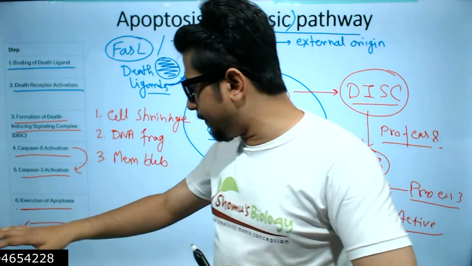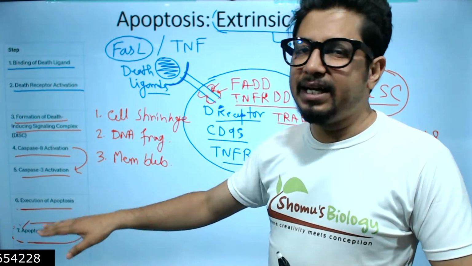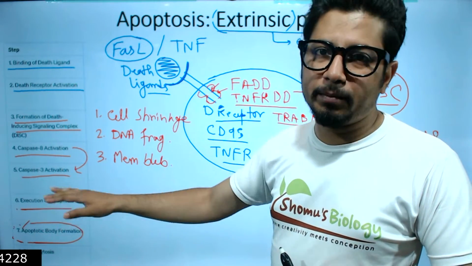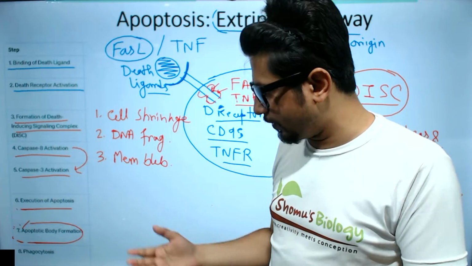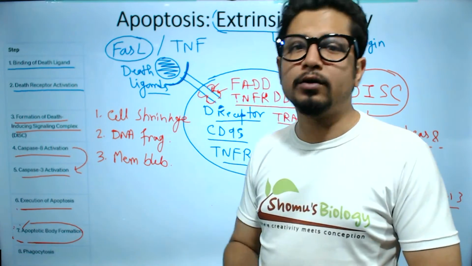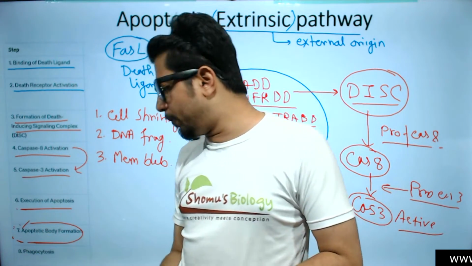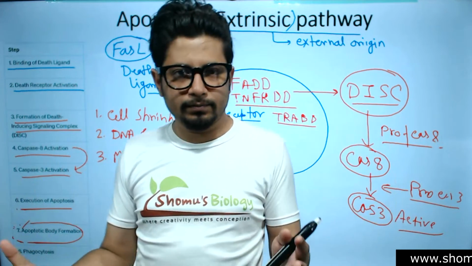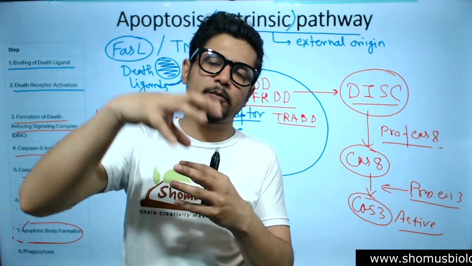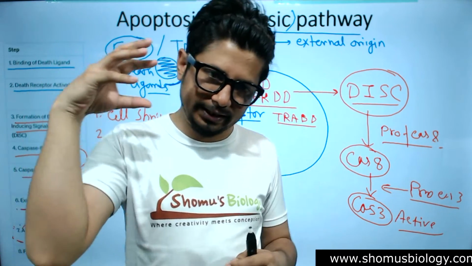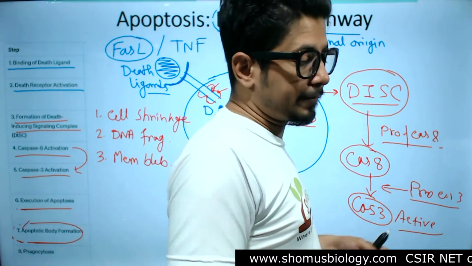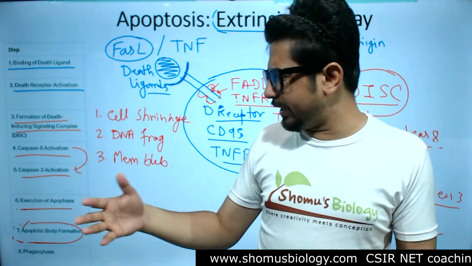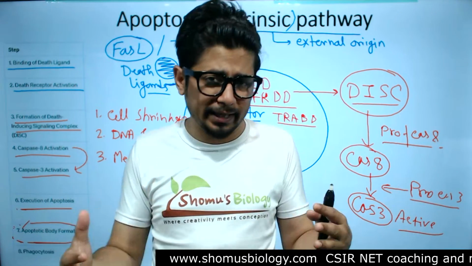Once the apoptotic bodies are formed, they must be removed from that tissue. So phagocytosis is done. Phagocytosis is a process where the apoptotic bodies can be removed from that area. Whenever apoptosis is done and fragments are generated, the phagocytic cells, either professional phagocytic cells or neighboring cells, can clear out that area.